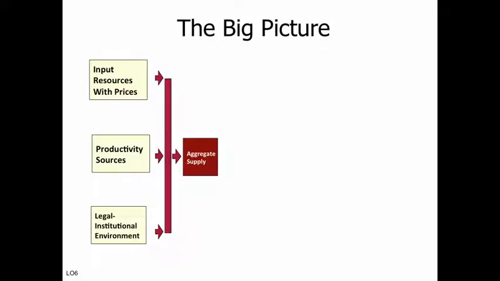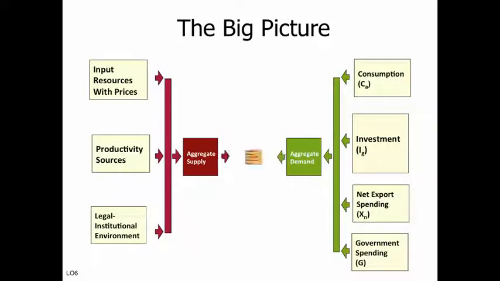So, to bring this whole thing together, the big picture as I'm calling it here. We have our aggregate supply side of the market as a function of our input resources and prices, the productivity that we talked about, and the legal and institutional environment, all driving the production of an economy.